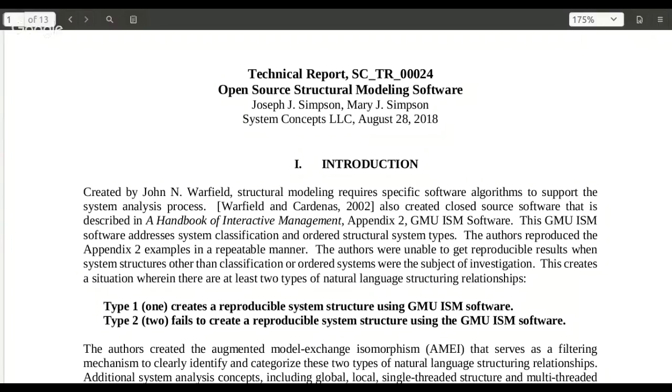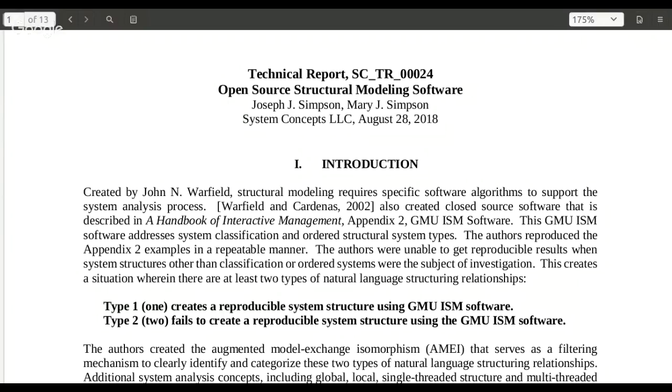Once we had that software running, we also took a running copy of the GMU ISM software, and went back and identified published examples of people that worked on ISM activities and structural modeling activities, and we were unable to consistently reproduce the structures that were published in the literature.